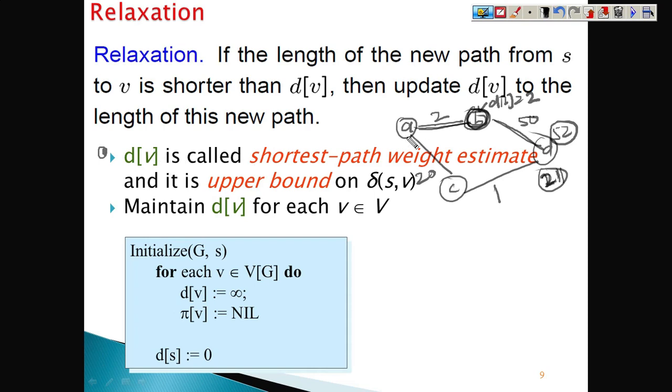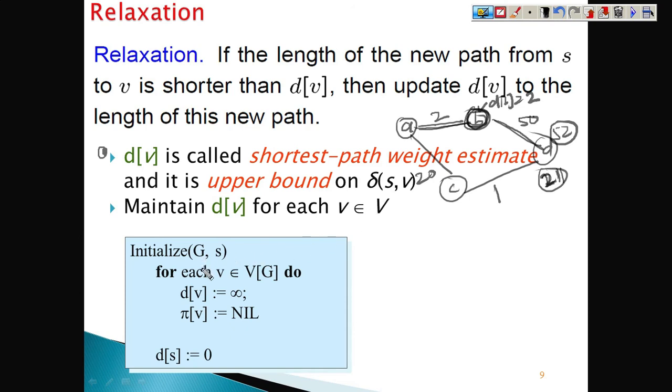It may take the maximum possible weight available in the graph, but finally, when you stop by using any algorithm, you will find that the d of V value is actually equal to delta of S, V. In other words, delta of S, V can be at most d of V. So we have to maintain d of V for each vertex of the vertex set of the graph.